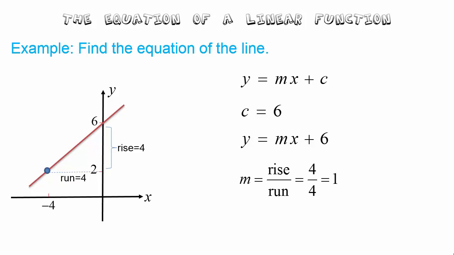So the gradient becomes rise over run, which is 4 over 4, which equals 1. So we can make that substitution in our equation, and we have y equals 1x plus 6, or we can leave out the 1, and we can write it also as y equals x plus 6.